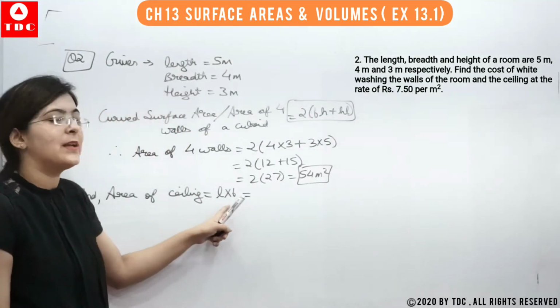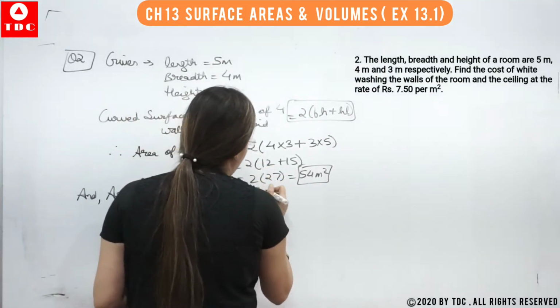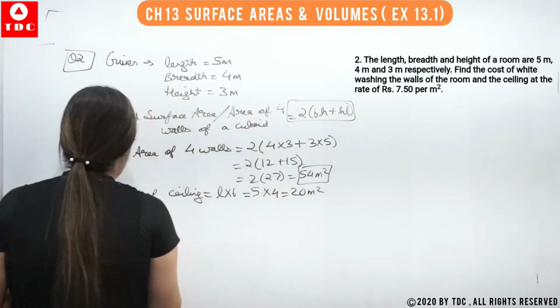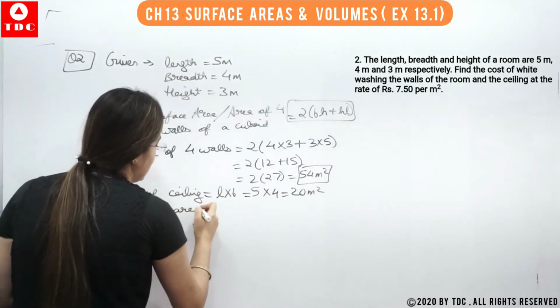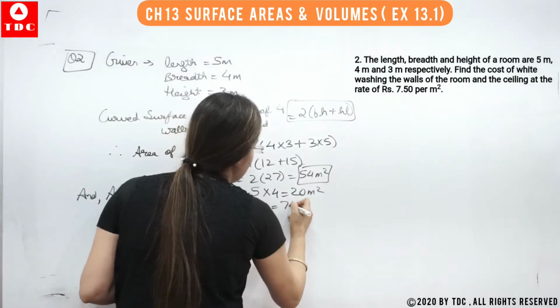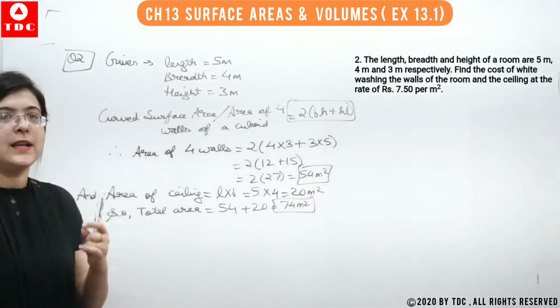So we will take only 1 LB. Length into breadth. What is the length? 5 and breadth is 4. 20 meters square. So what will be the total area? Total area would be 54 plus 20, that means 74 meter square. This is your total area.